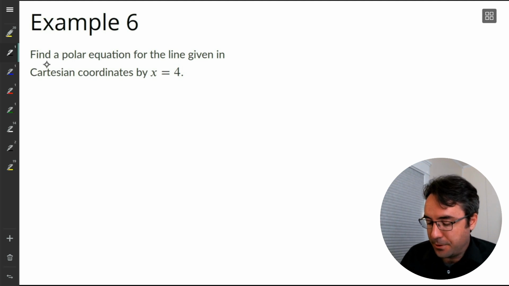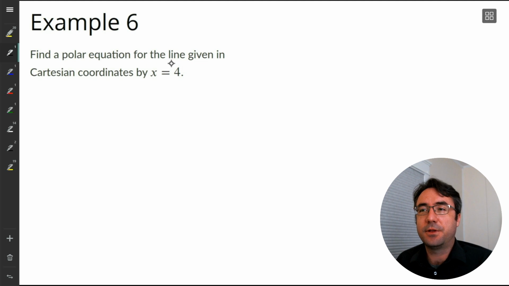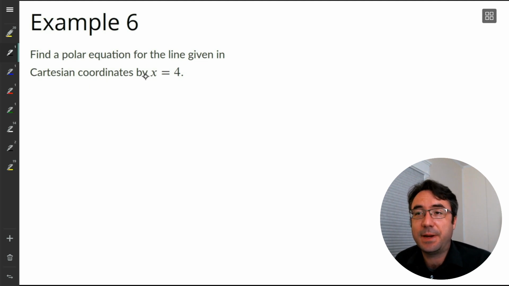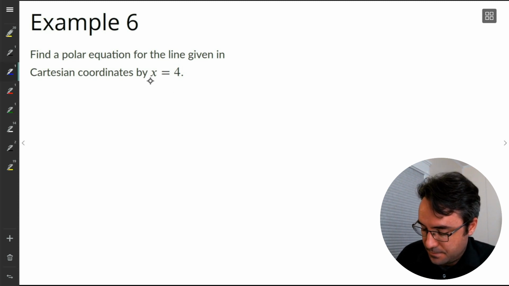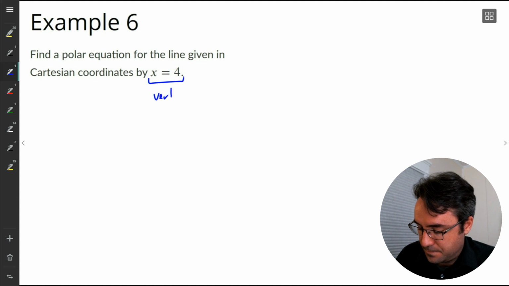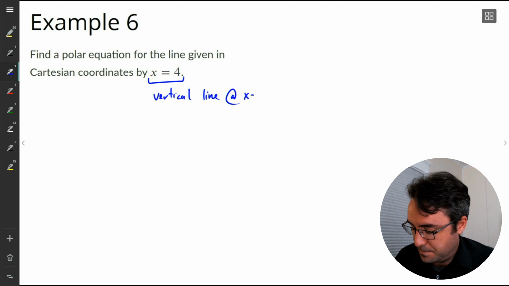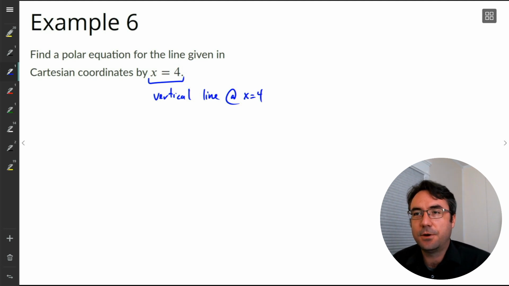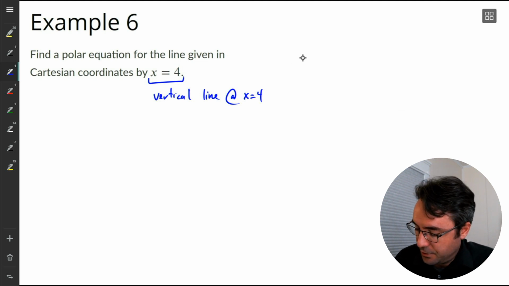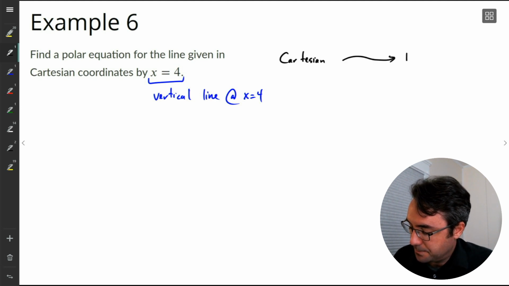All right, so we want to find a polar equation for the line given in Cartesian coordinates by x equal to 4. So this is just a vertical line at x equals 4. How we do these, we want to convert from Cartesian into polar.